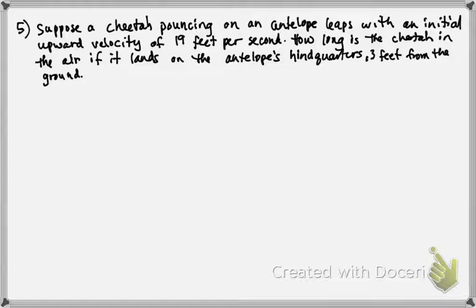Anyway, suppose a cheetah pouncing on an antelope leaps with an initial upward velocity of 19 feet per second. How long is the cheetah in the air if it lands on the antelope's hindquarters 3 feet from the ground?